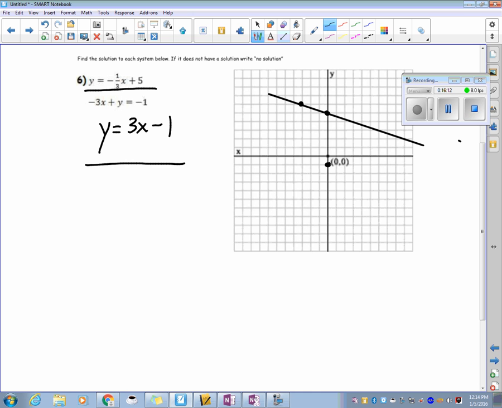So rise 3 and run 1. So the line on the second one looks like this. So you can see the intersection to this one is 1, 2. No, 1, 2, 3, 4. 1, 4.